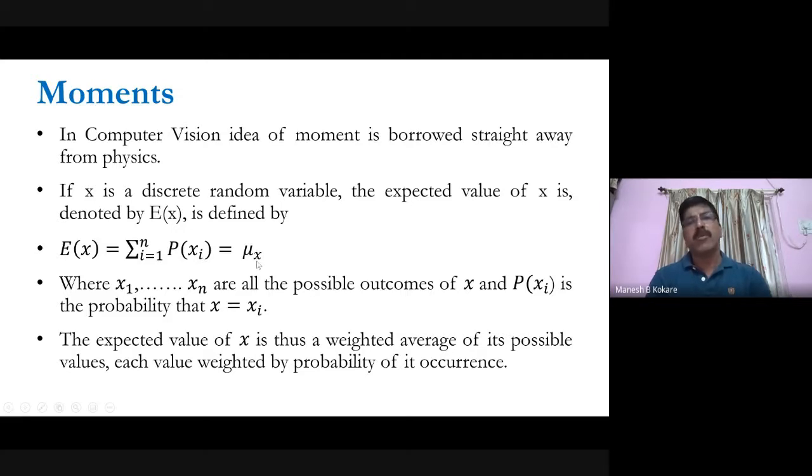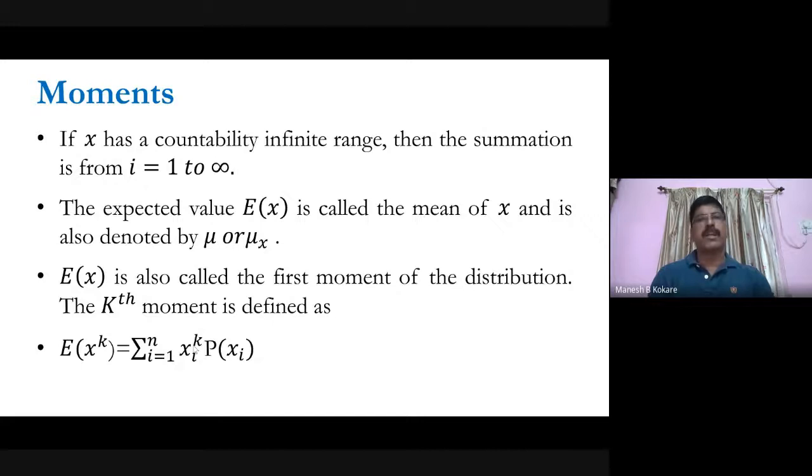That is nothing but mu x, where x1 to xn are all possible outcomes of x, and probability of x_i is the probability that x is equal to x_i. The expected value of x, mu x, is thus the weighted average of its possible values, each value weighted by the probability of its occurrence. This is nothing but the mean value of the object.